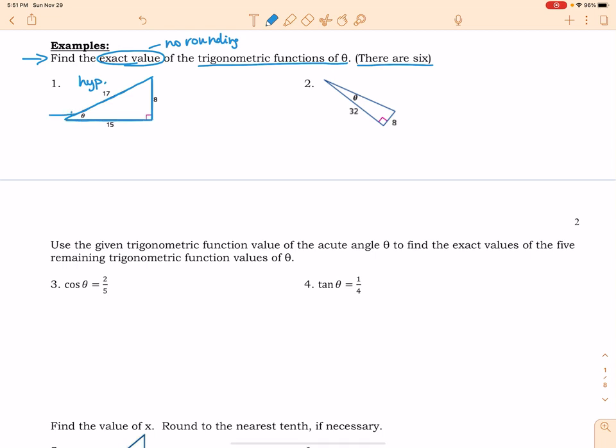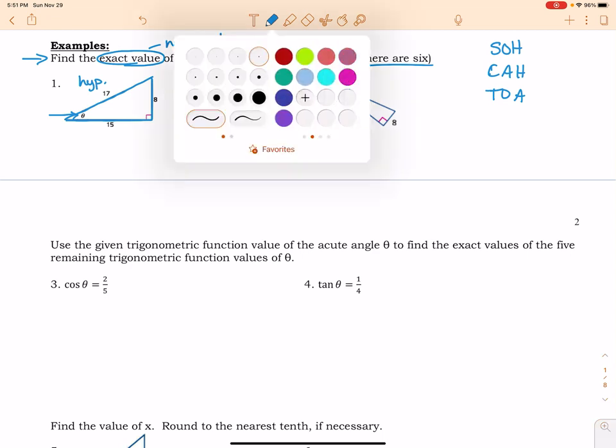Notice where theta is. The orientation of theta is very important when I'm finding my trig ratios. So if you will recall from the last video, I'm going to use SOHCAHTOA here to guide me in writing my ratios. So I'm going to start with sine. So if you will notice where theta is, I'm going to switch colors here.